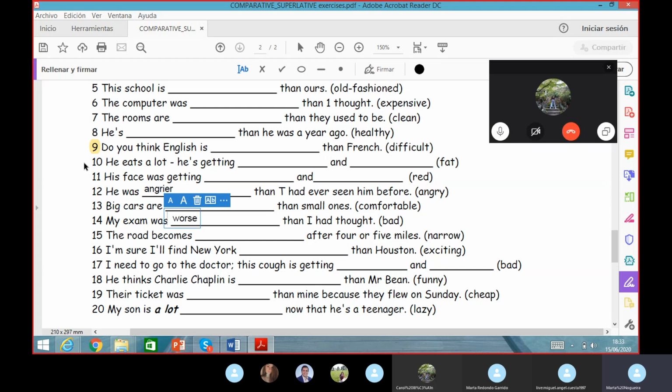This is the same as in number 10 and 11. Worse and worse. 18. He thinks Charlie Chaplin is funnier than Mr. Bean. 19. Their ticket was cheaper than mine because they flew on Sunday.